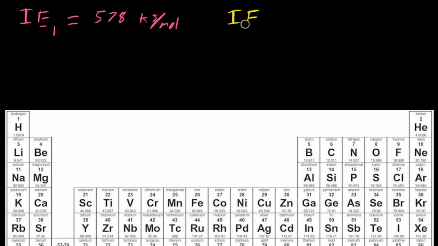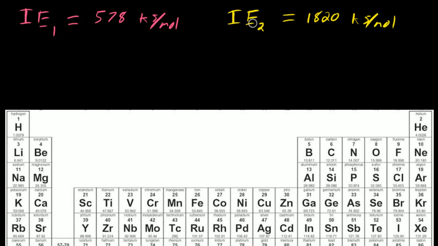So IE2 is the ionization energy required to remove the second electron. This ionization energy is going to be 1820 kilojoules per mole.